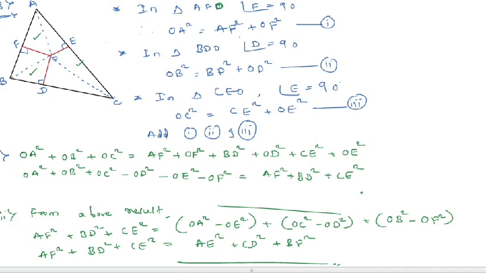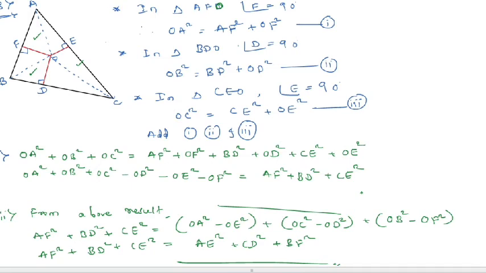And from all these 3 equations you will get OA square plus OB square plus OC square is equal to AF square plus OF square plus BD square plus OD square plus CE square plus OE square.